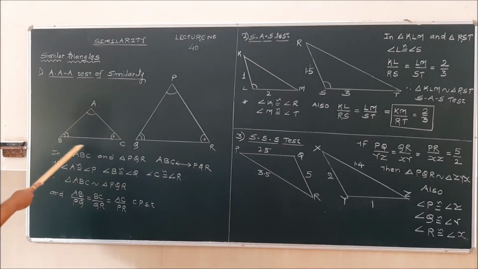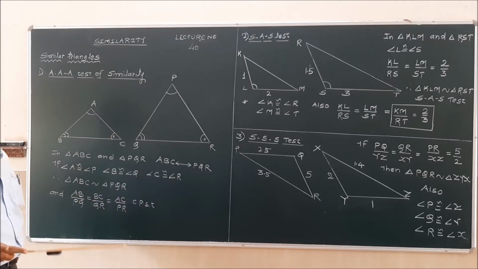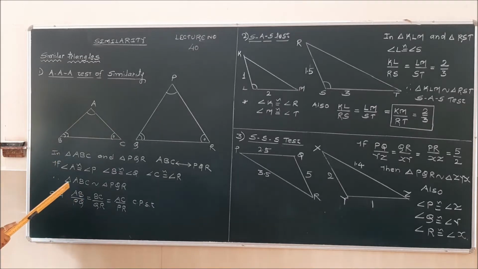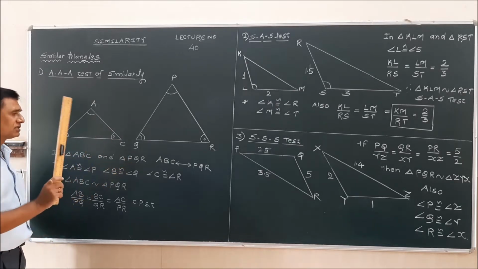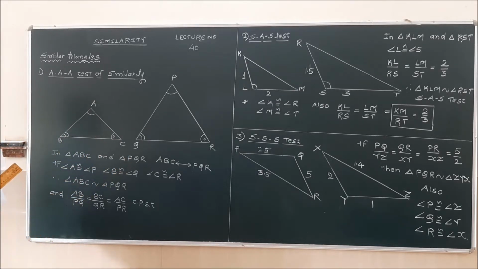So therefore, triangle ABC is similar to triangle PQR even though only two angles are congruent. This is a very important thing. Two angles are also sufficient.